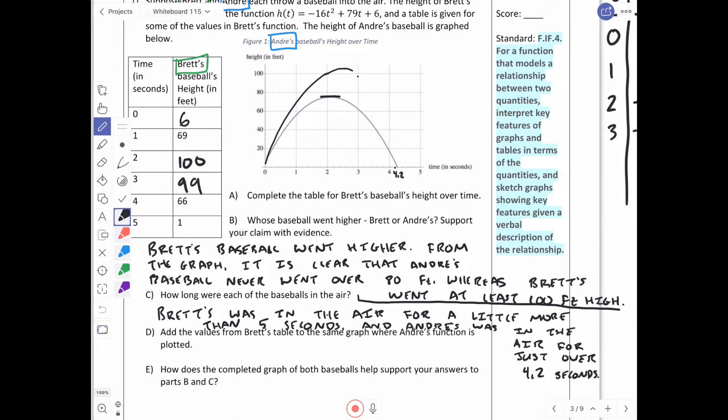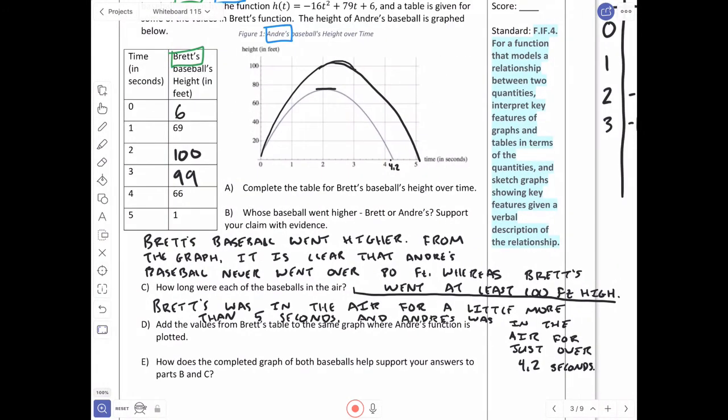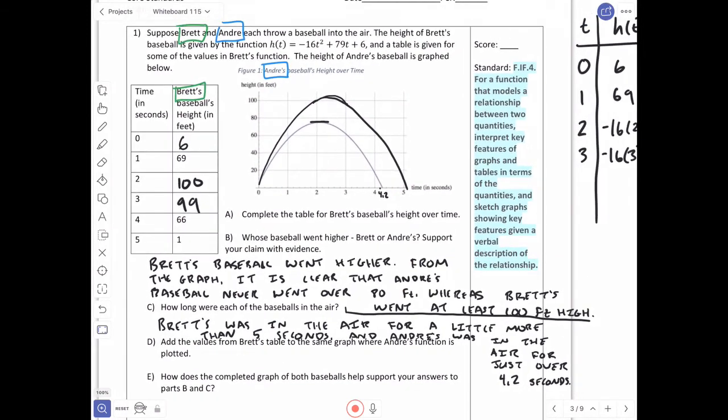So something like that, and like that. Which makes it quite clear that Brett's was in the air for longer and went higher. Okay. That's number 1 from quiz 2.